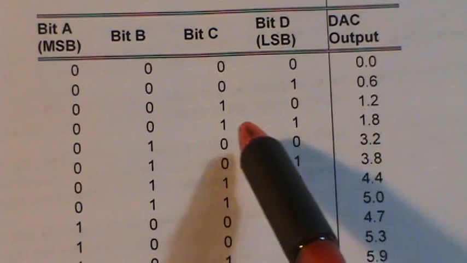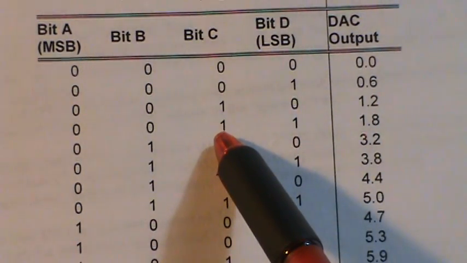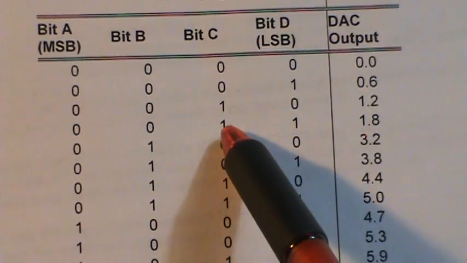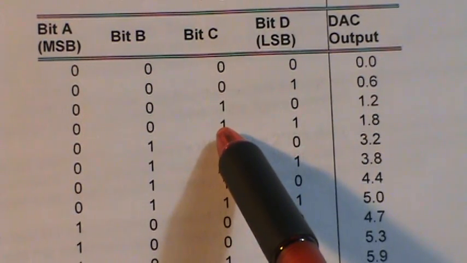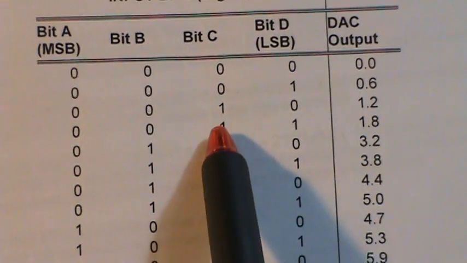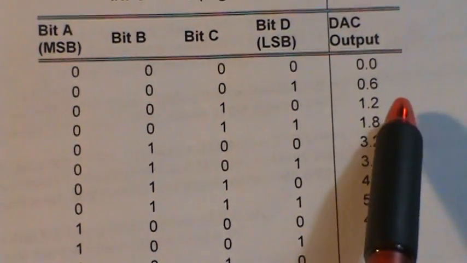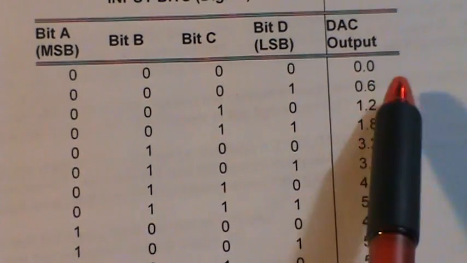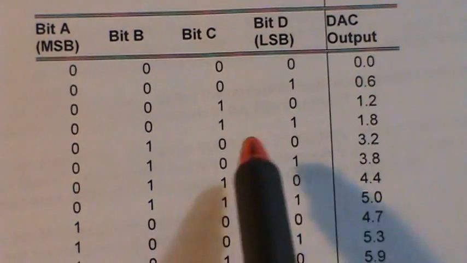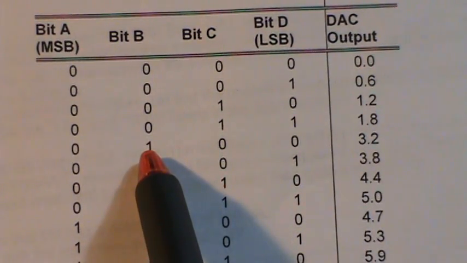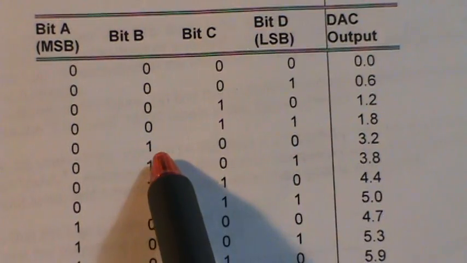Okay, and then when I go up and only the second least significant bit is on, which would be here, then I get 1.2. So gee, that's sort of taking the trend I want. This has one value and this has twice as big. I'm expecting this next bit therefore should be 4 times as big as the other.